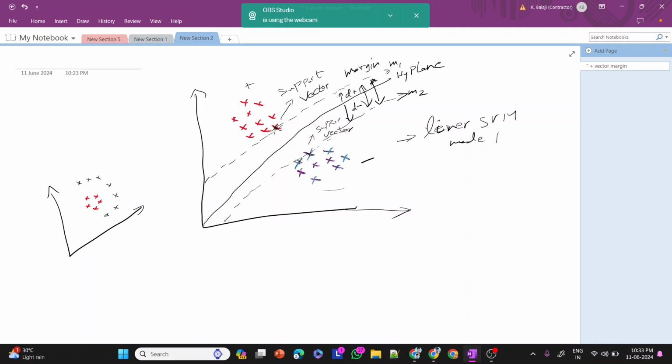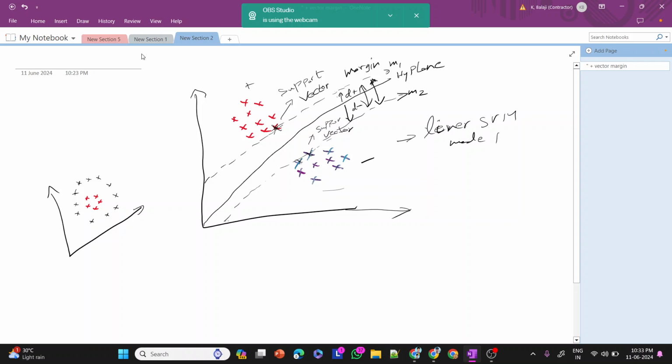There are two types of data in this form. We need to find a hyperplane that separates each group. But how is it possible?